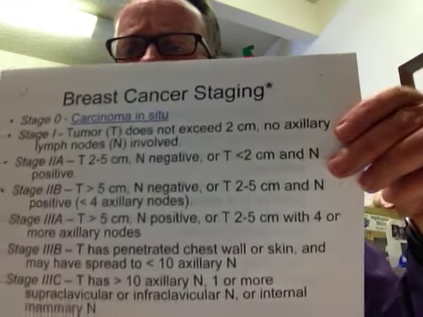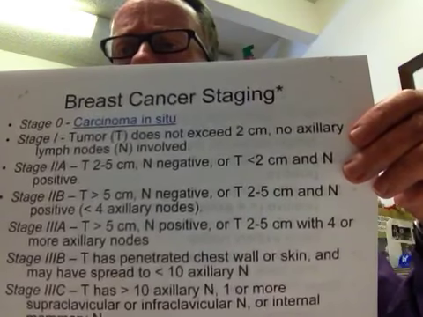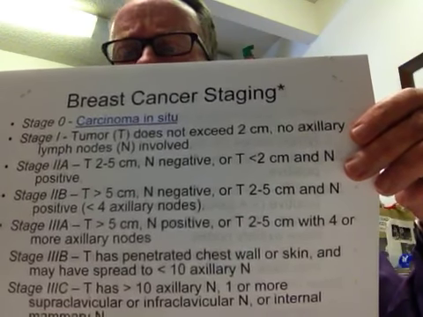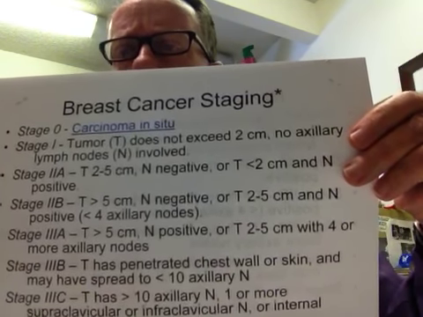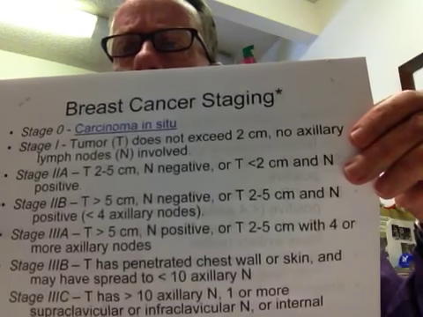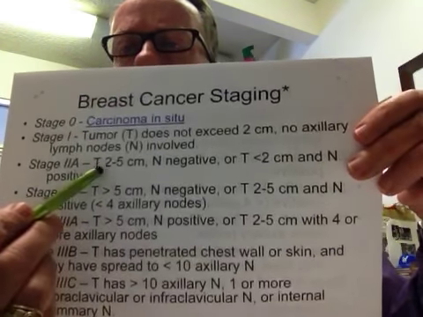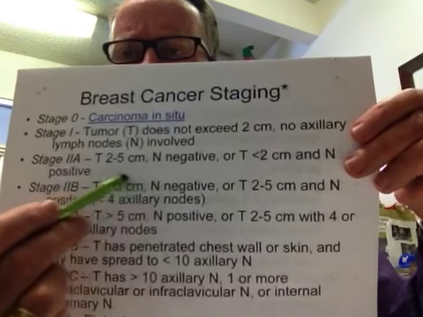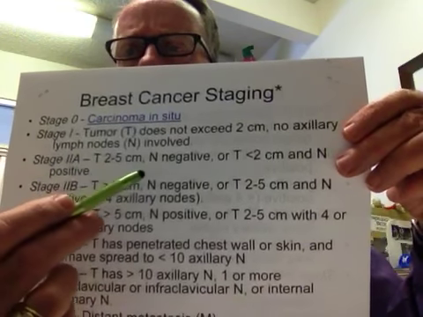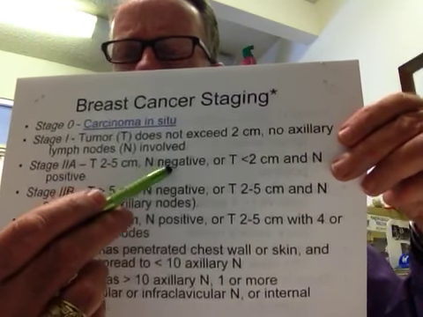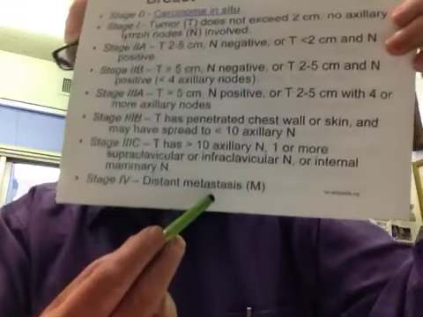It's the TNM, tumor, node, and metastasis. And for each stage, there are thresholds for how large the tumor is, how many nodes are involved, and whether it's metastasized or not.